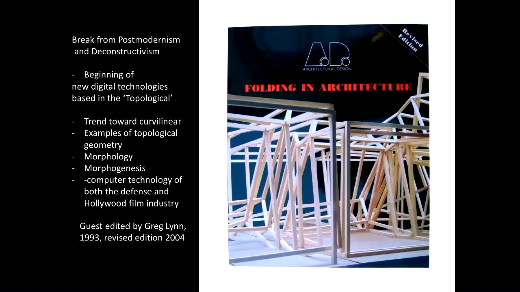It did look at computer technology, but not CAD, looking at it in terms of the Hollywood film industry and defense industry. One of the articles is on the creation of the film Terminator 2, and they used this advanced software, which was Photoshop.